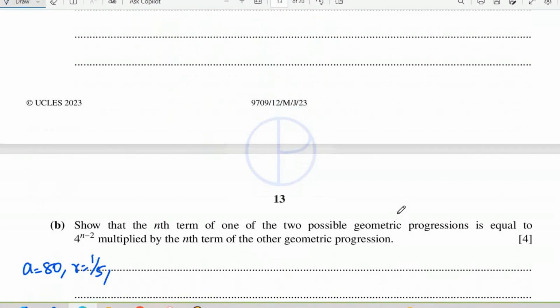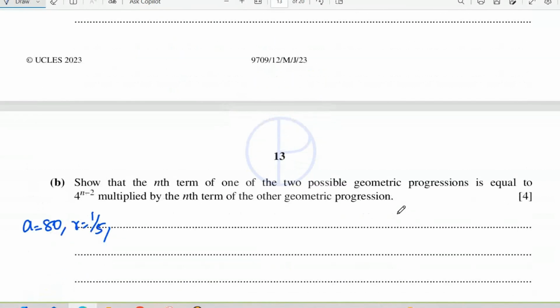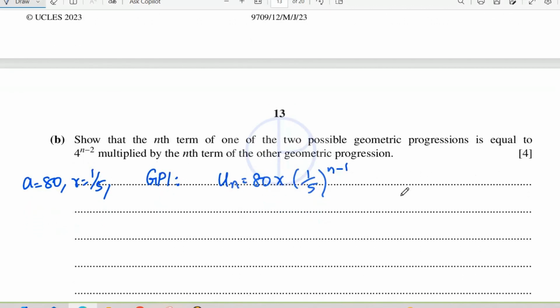So then the geometric progression will be un is equal to 80 multiplied by 1 over 5 the whole power n minus 1. Let's write the next geometric progression also, then we will simplify it.